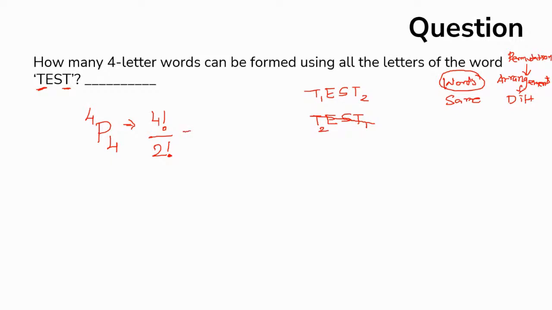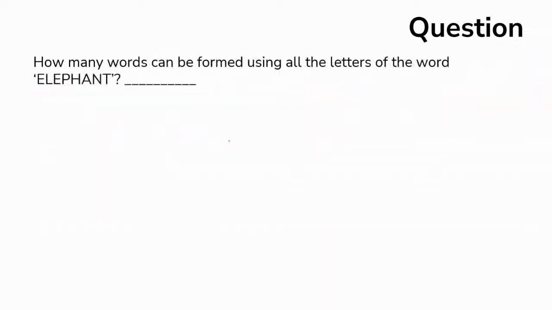So it is 4 factorial divided by 2 factorial. 24 divided by 2, so the value is 12 such words can be formed without repetition, or 12 new words can be formed.